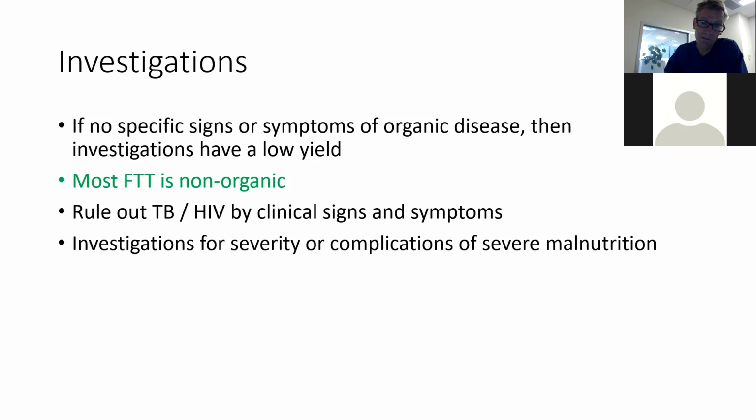And if you've got a child with severe malnutrition, then ruling those conditions out is very important. As I said, there are a couple of hidden organic diseases that may cause failure to thrive. So I think it's mandatory that you check the urine and make sure that the child doesn't have a UTI, because you won't be able to detect that by clinical signs and symptoms in most children.